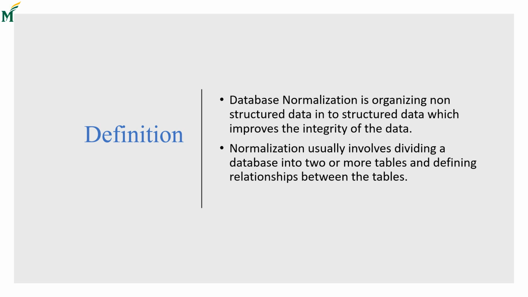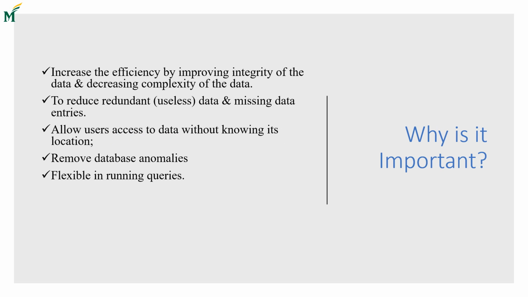Non-normalized tables generally means that the same data is stored in more than one location. The purpose of normalization is to increase the efficiency by improving integrity and decreasing complexity of the data.